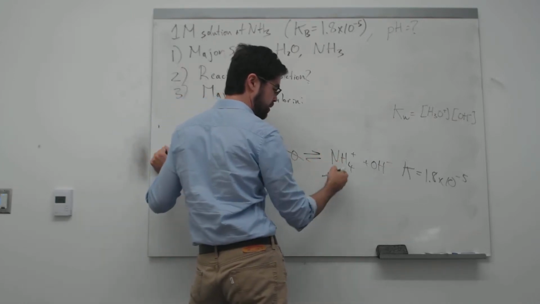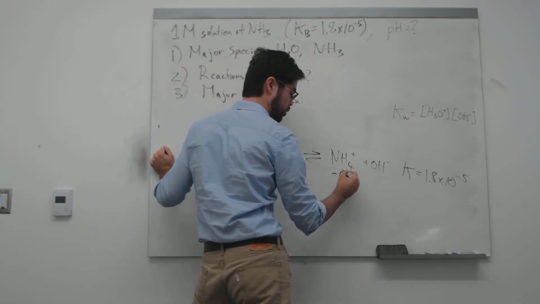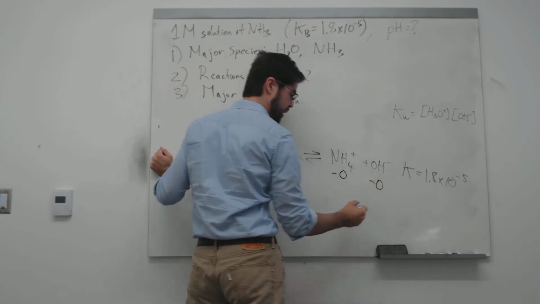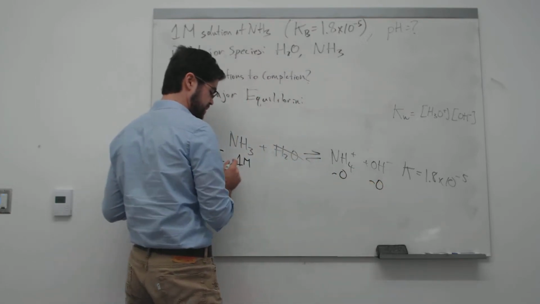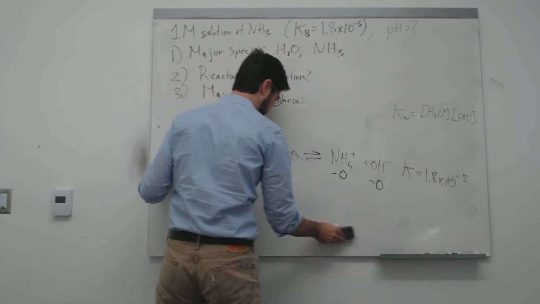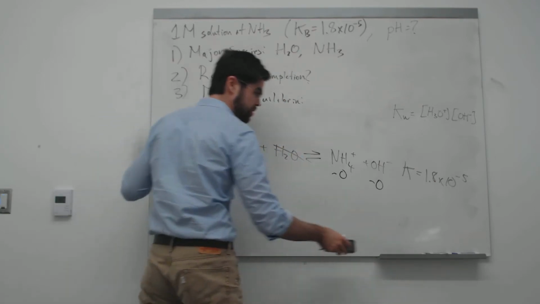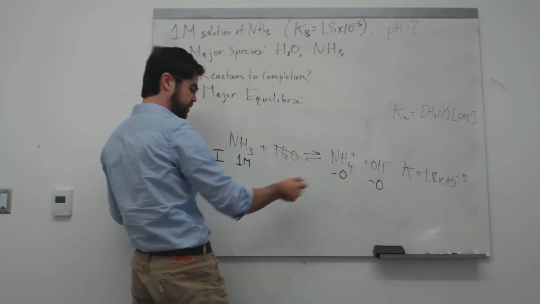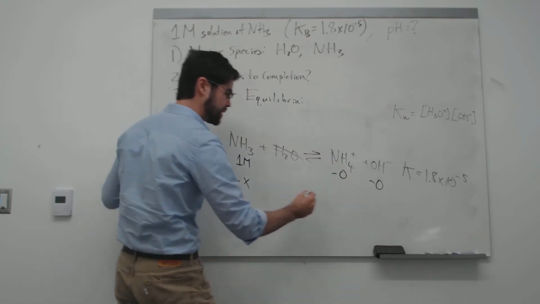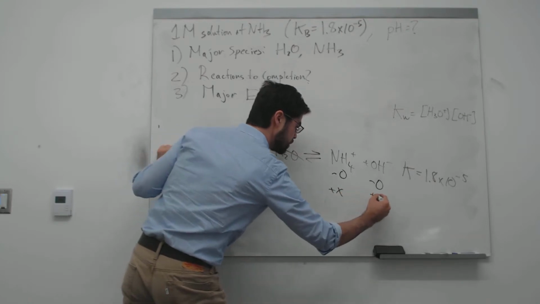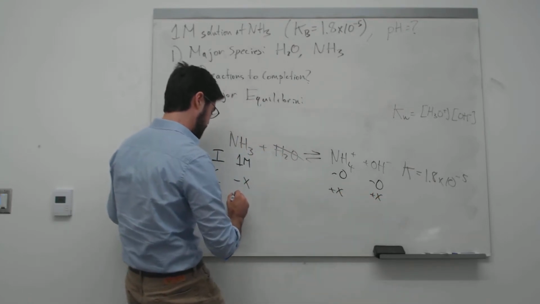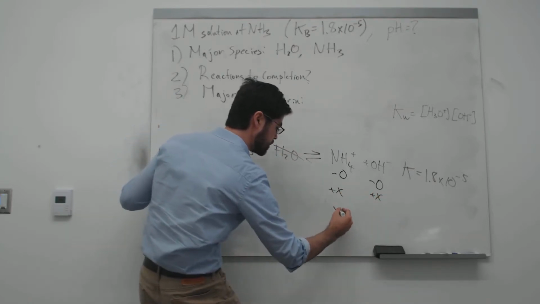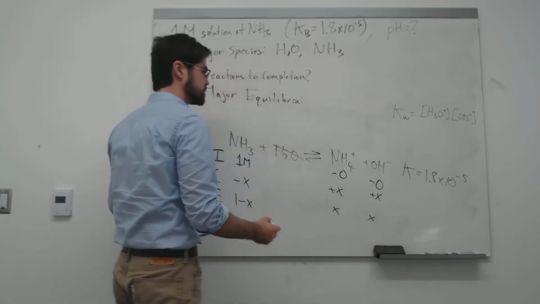Water doesn't factor in, and we can assume that we have no ammonium and no hydroxide ions present because they haven't dissociated yet, and it's just in water, so there's no major source for hydroxide ions other than this reaction. So there's no products, so I should shift right and produce some products. So I have 1 minus x, x, and x.